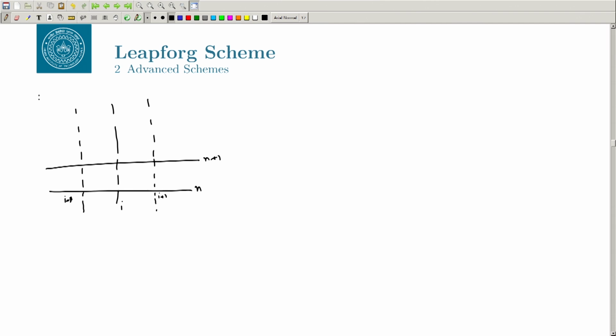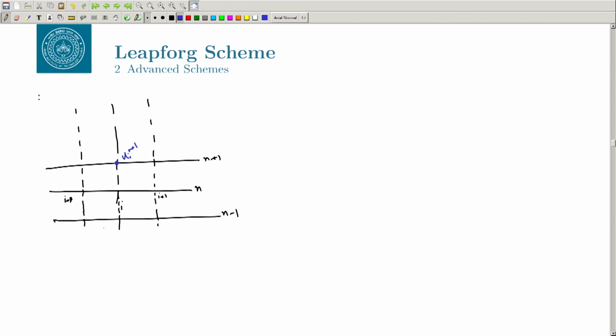And because this goes from n minus 1 to n plus 1, I have to make another line. This is my n minus 1. Now, if you want to go to n plus 1, this is my u_i^(n+1).